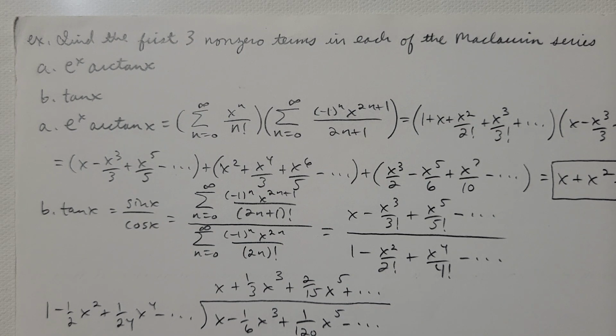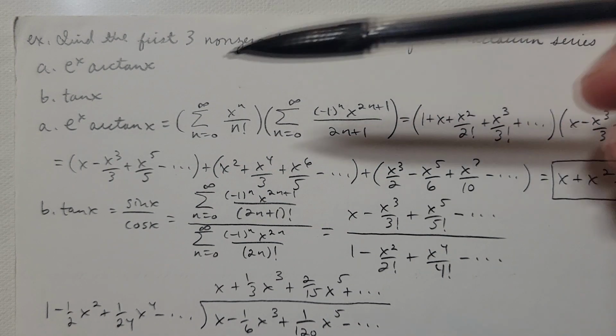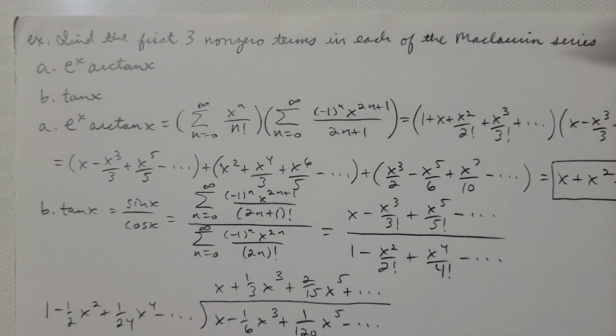So let's just find the first three non-zero terms in each one of these series. Okay, now we're not asked to give a formula. That'd be a different question. We just want to find what the first three terms are going to be. Okay, so let's see.